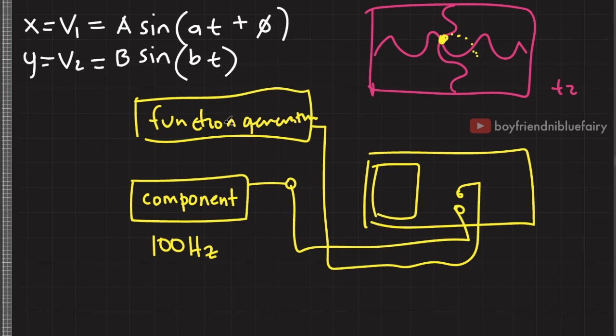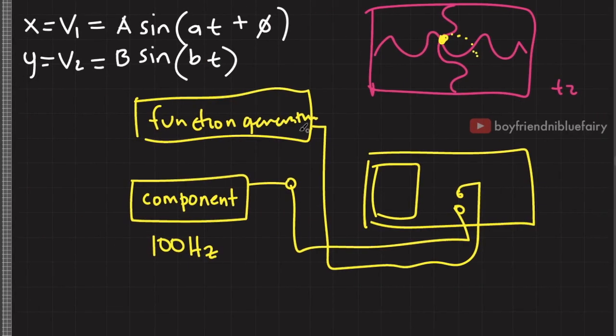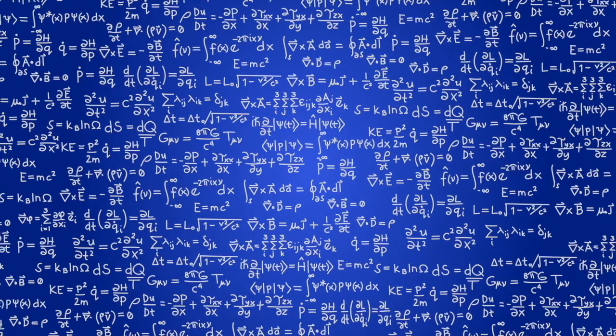You keep on adjusting the frequency of the function generator until it produces a figure like this. And once it produces a figure like this, then whatever the current frequency of this function generator is, that would also be the frequency of your unknown component or circuit. So that's one practical use of the Lissajous curve.